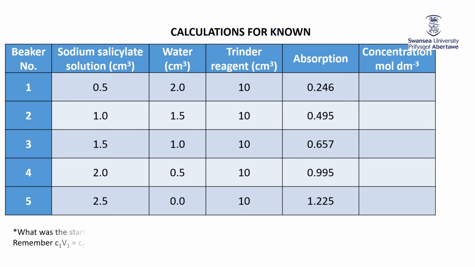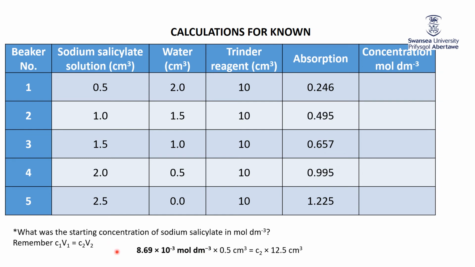Okay, now you need to think about two things. First is, what was the starting concentration of this in moles per cubic decimeter? And remember your dilution equation, C1V1 equals C2V2. And I'm going to go back and use my original one. Remember, this was my stock concentration of the sodium salicylate.